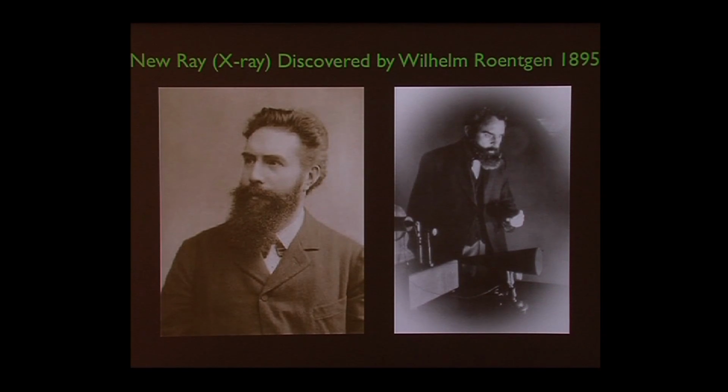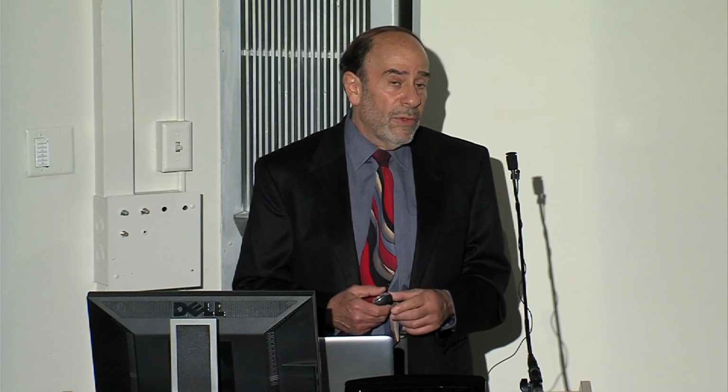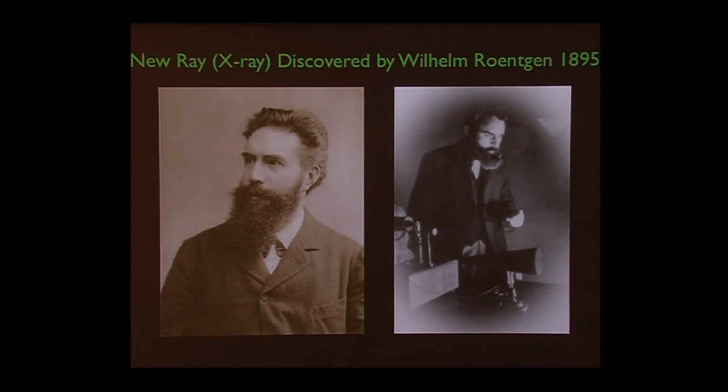So here's Roentgen. He was a German physicist at the University of Würzburg in central Germany. One night, it was dark, he was using what's called a Crookes tube, a cathode ray tube. It's a glass tube, you put in voltage, it creates a beam of electrons, they hit another part, and you can redirect it, and it wasn't used for this purpose, but he was using a higher voltage one night.